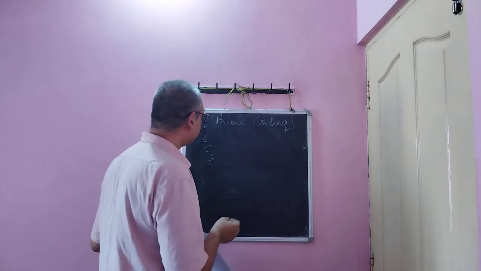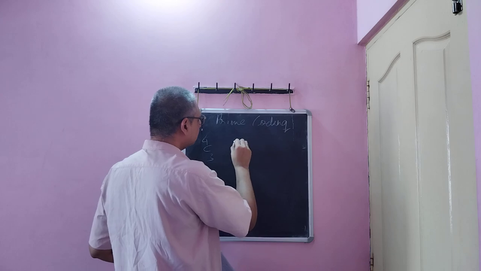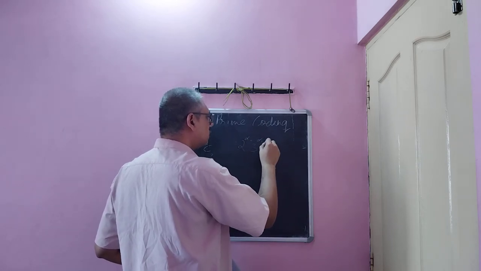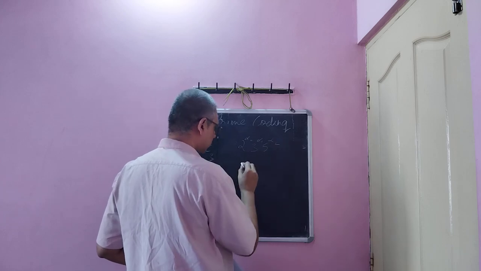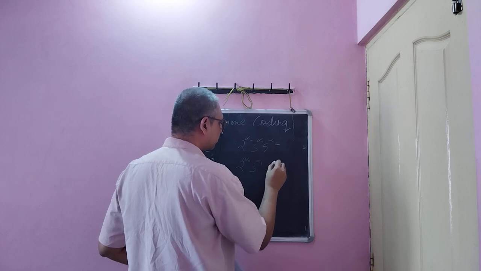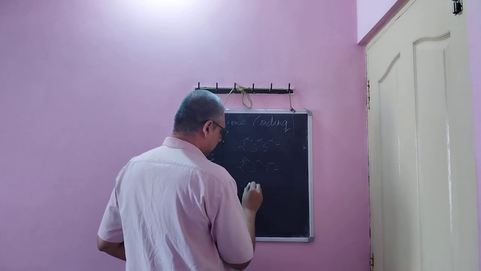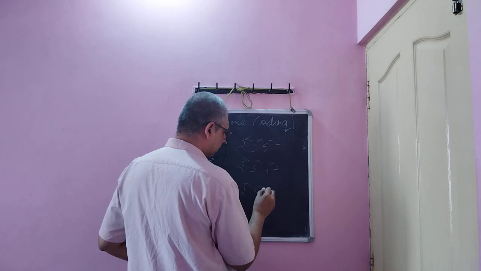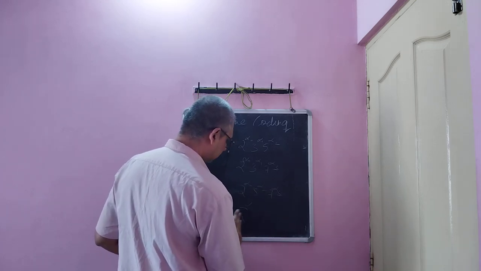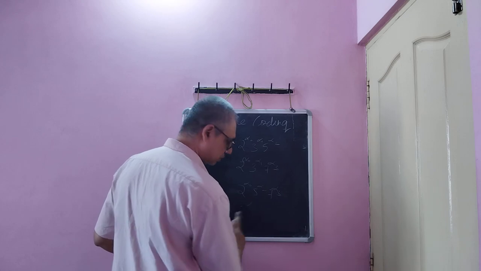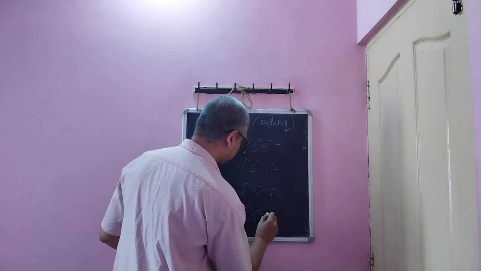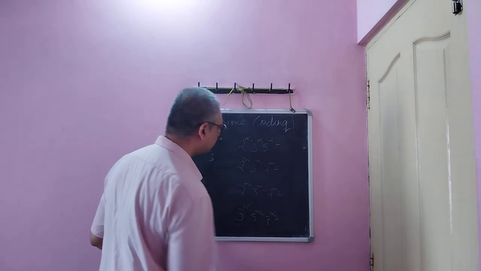There will be again 4 of those. That will be 2 power alpha naught, 3 power alpha 1, 5 power alpha 2; 2 power alpha naught, 3 power alpha 1, 7 power alpha 3; 2 power alpha naught, 5 power alpha 2, 7 power alpha 3; and 3 power alpha 1, 5 power alpha 2, 7 power alpha 3.